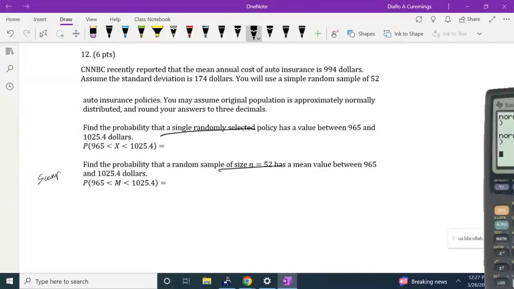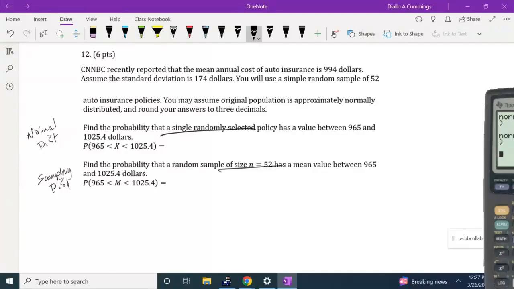The second part of this is a sampling distribution. The first one is just the regular normal distribution. Keep that in mind. If you're randomly selecting one item, it's just a regular set of formulas. But if it's a sampling distribution, we're using those sample distribution formulas.